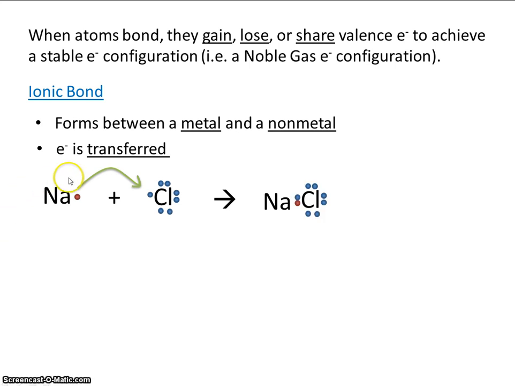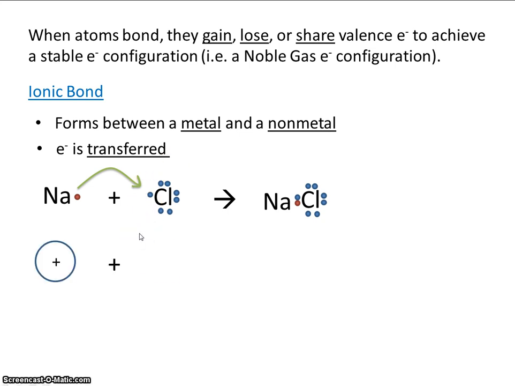So the way that this sodium achieves a stable configuration is by losing an electron. The way this chlorine achieves a stable configuration is by gaining an electron. And remember, a stable configuration is an atom that has 8 valence electrons.